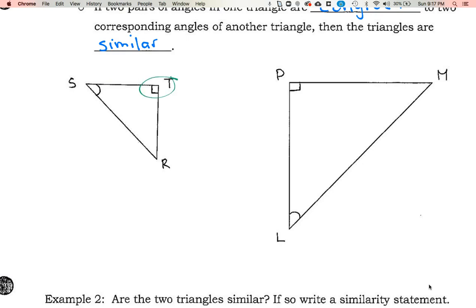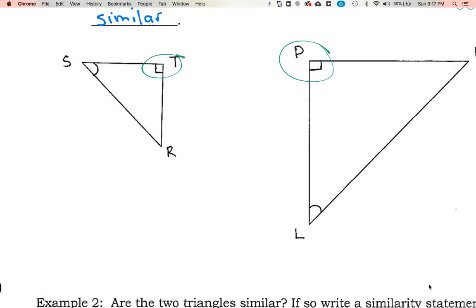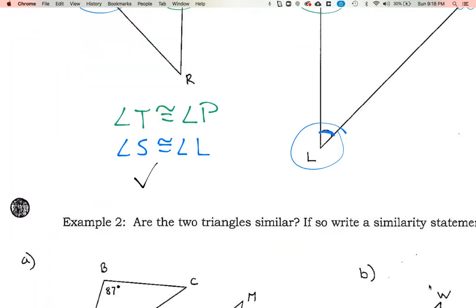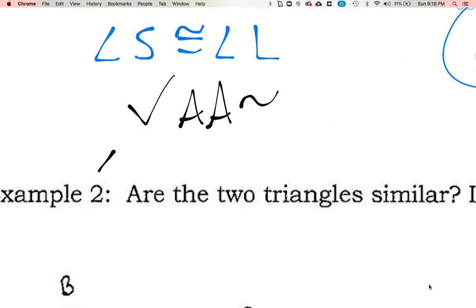Well, I know T and P are both 90, so angle T is congruent to angle P. And I know S is congruent to L because it has this marking in here. So I just say angle S is congruent to angle L. And that's it. Check angle, angle similarity. And then our similarity statement.